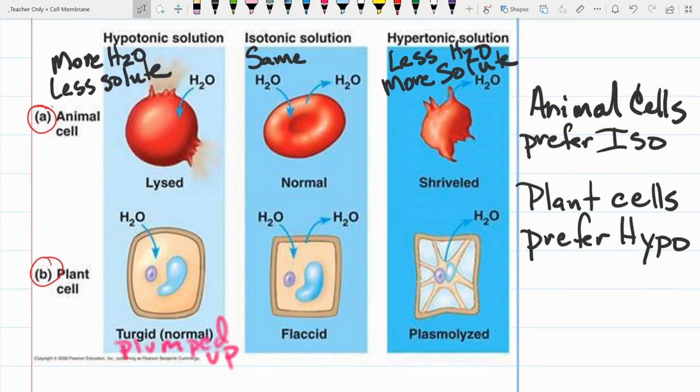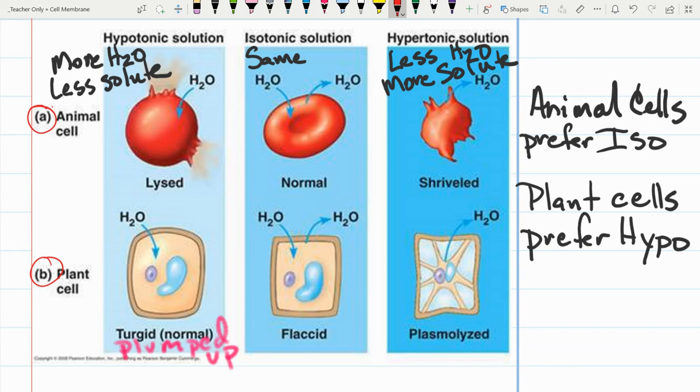All right, similarly, same thing happens in a plant cell. Plant cells actually prefer a hypotonic solution. And they won't burst because remember, a plant cell has a cell wall, that extra rigid layer on the outside of the cell membrane.